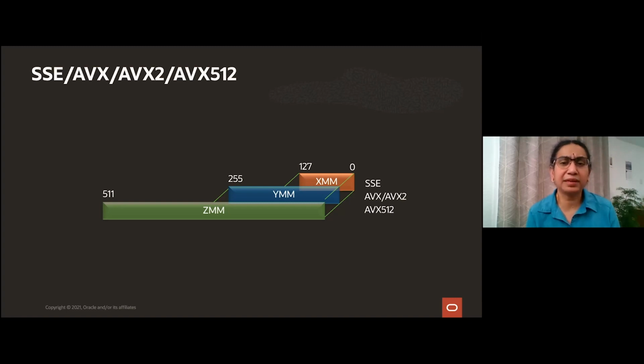The AVX ISA supports both 128-bit and 256-bit vector operations, and the AVX 512 ISA supports all three, the 128, 256, and 512-bit instructions. So it is possible for you to choose the best vector width possible for your algorithm with this flexibility. And also, as Paul showed, you could use the preferred species to get the largest vector width possible on the underlying platform.